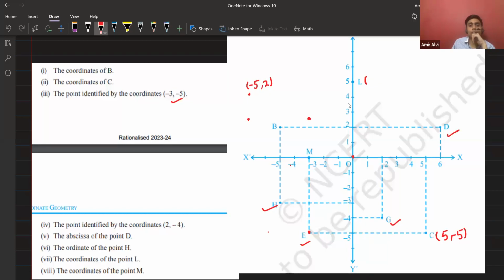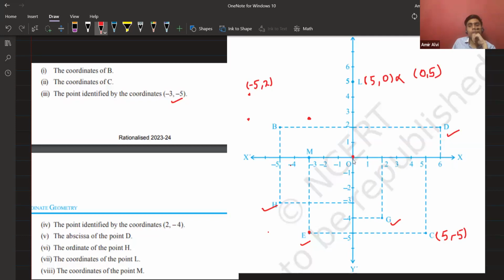X or Y? What is the value of x? 5. What is the value of y? 0. Wrong. It is 0, 5.